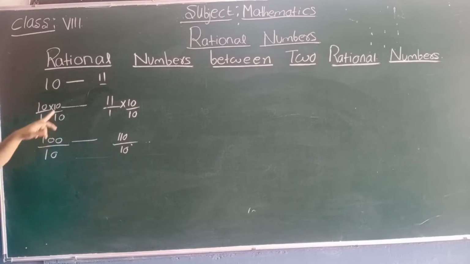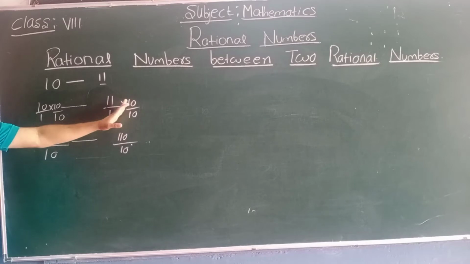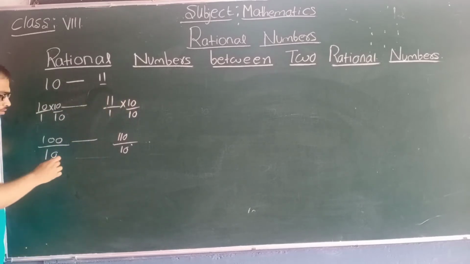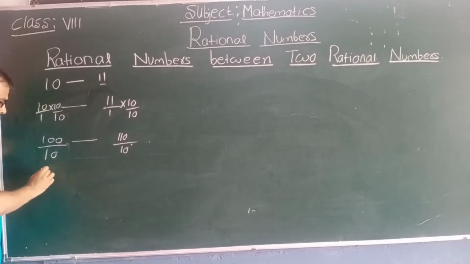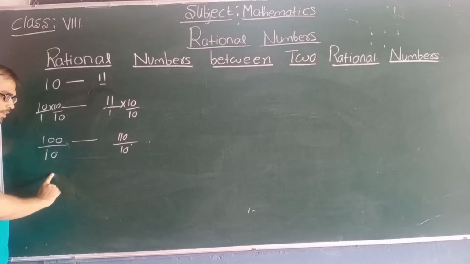We have multiplied 10 by 10 to both numerator as well as denominator, and we have multiplied 10 by 10 to 11 also. So here the denominator is same, 10 and 10.